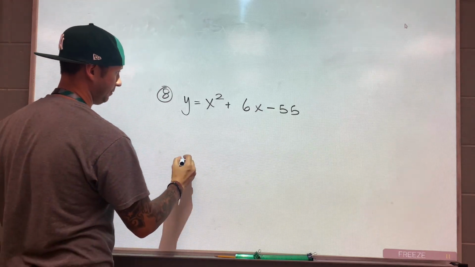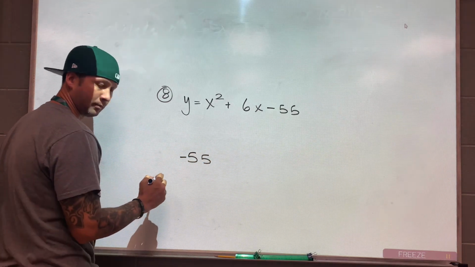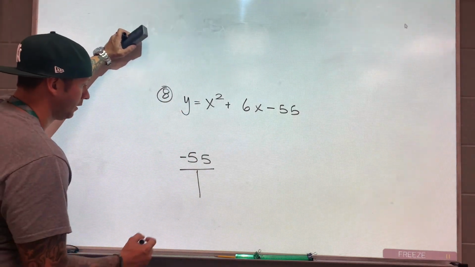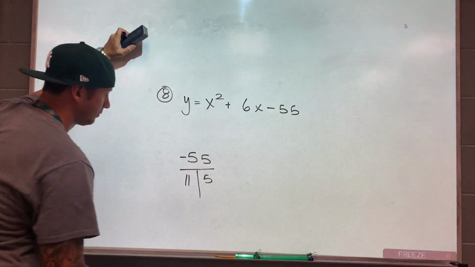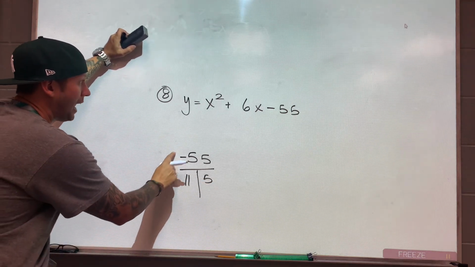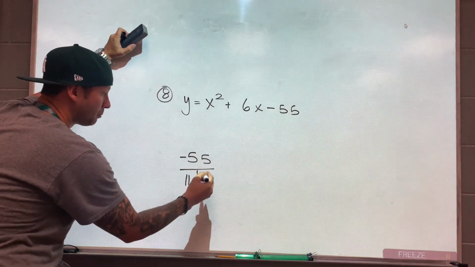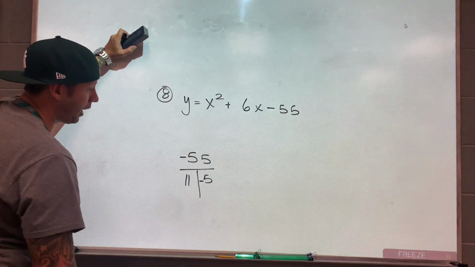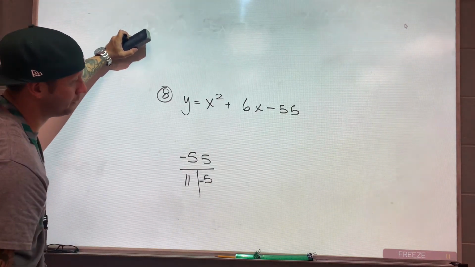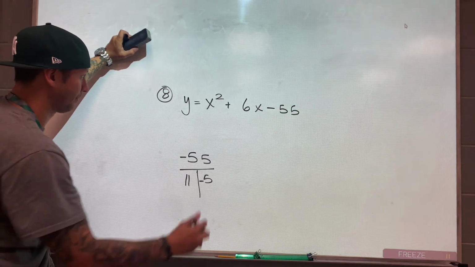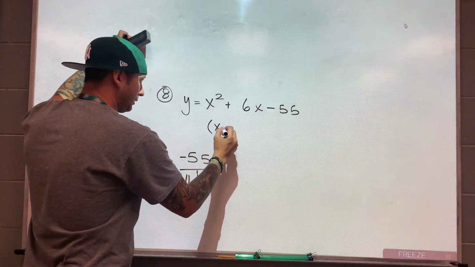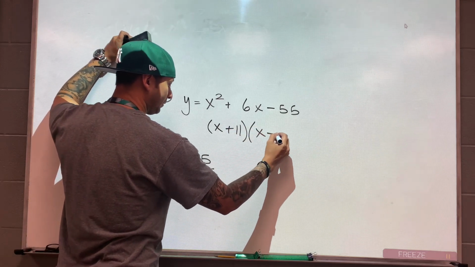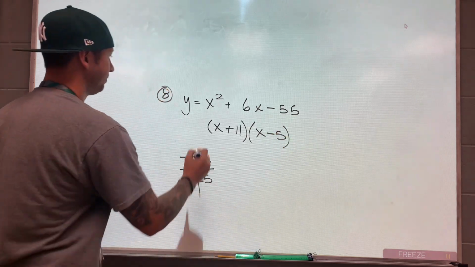Negative 55. 11 and 5. But it's negative. I look here, this is positive. So that means the small one needs to be negative. Because negative 5 times 11 is negative 55. 11 plus negative 5 gives me 6. This is going to be x plus 11, x minus 5.